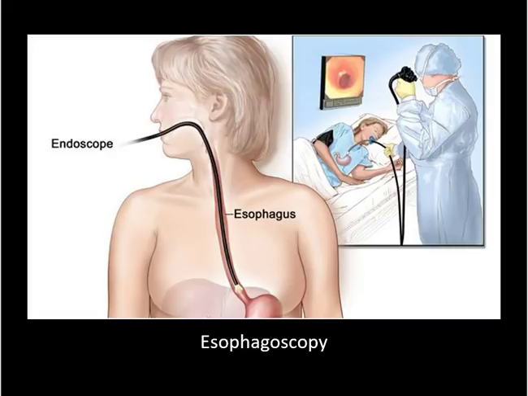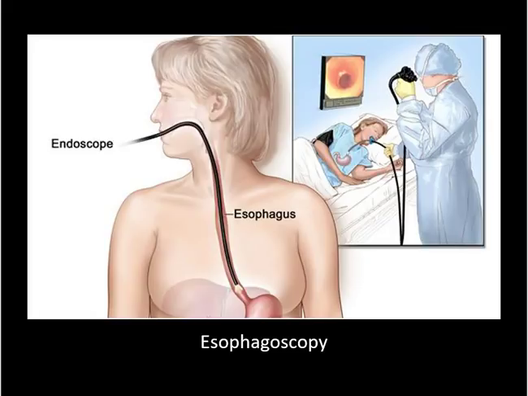As illustrated by this diagram here, at the end of the esophagoscope, there is a device that is designed to magnify images on a screen. And one rule that I want you to keep in mind is we don't code where the scope is entered.